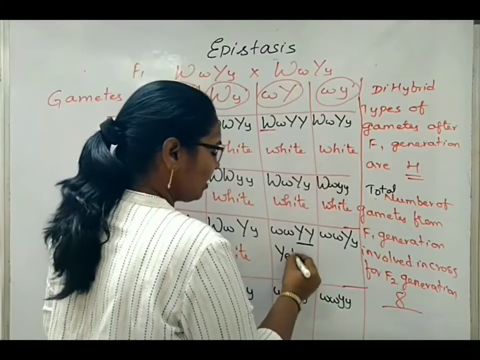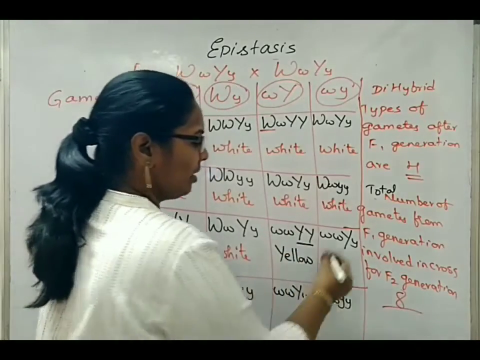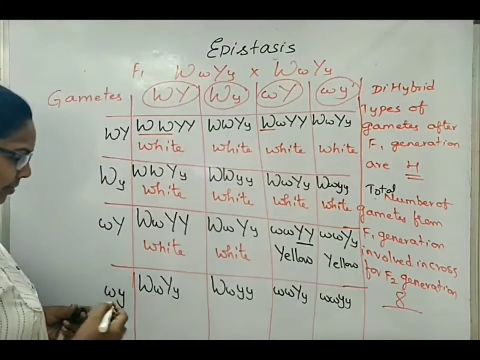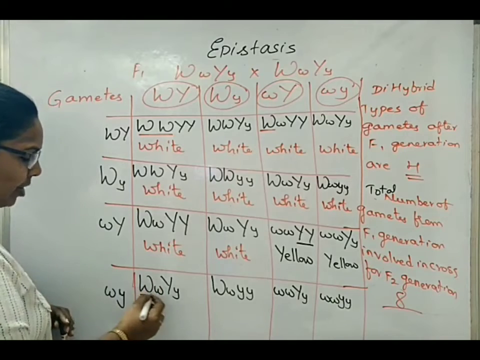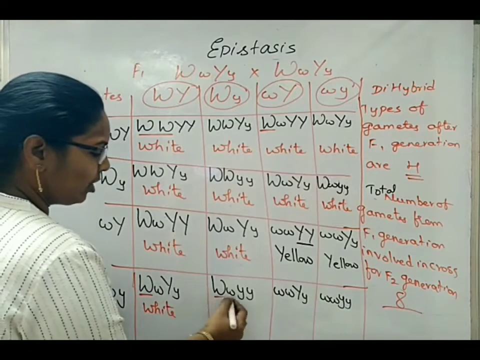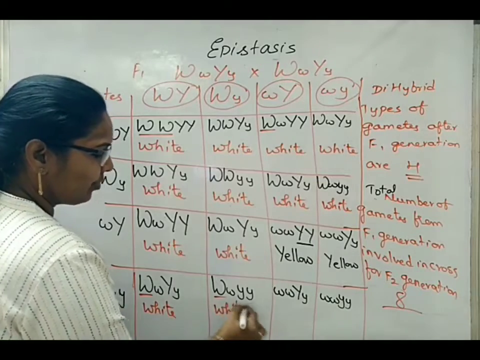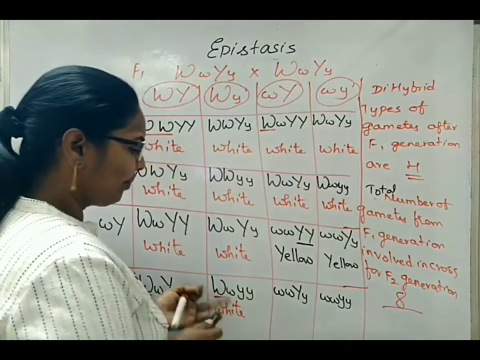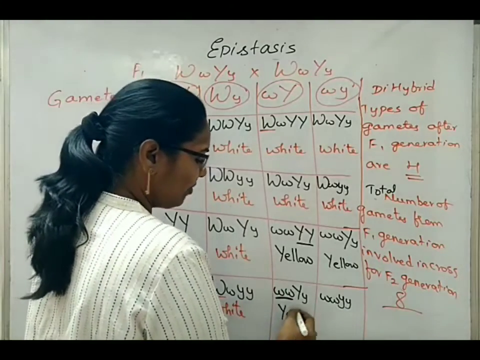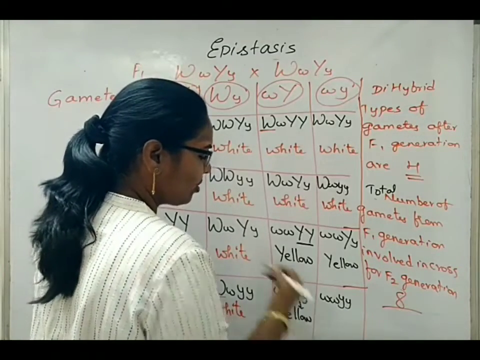So here the flower is yellow. Here also the flower is yellow. Now coming here, again the dominant one is there, so the flower is white color flower. Here one dominant allele is there again, so white color flower. But here, see, the recessive form of the contrasting allele pair is there, so here the flower is yellow because of this.